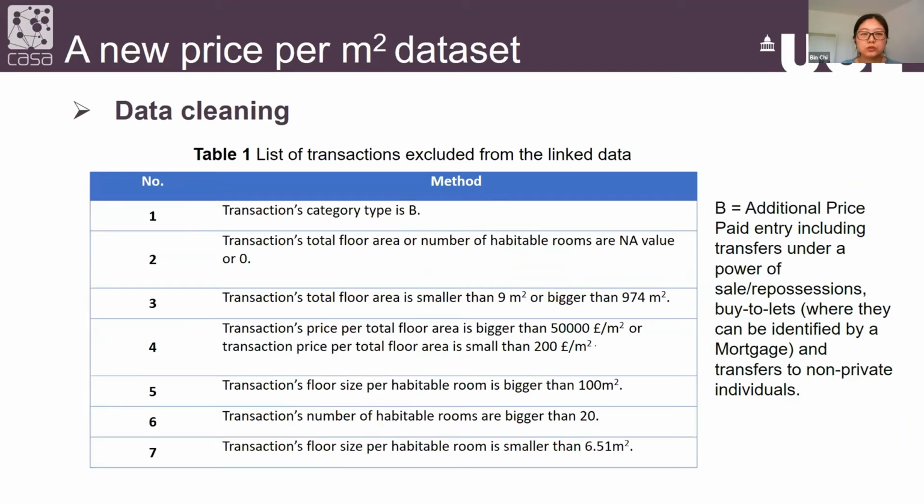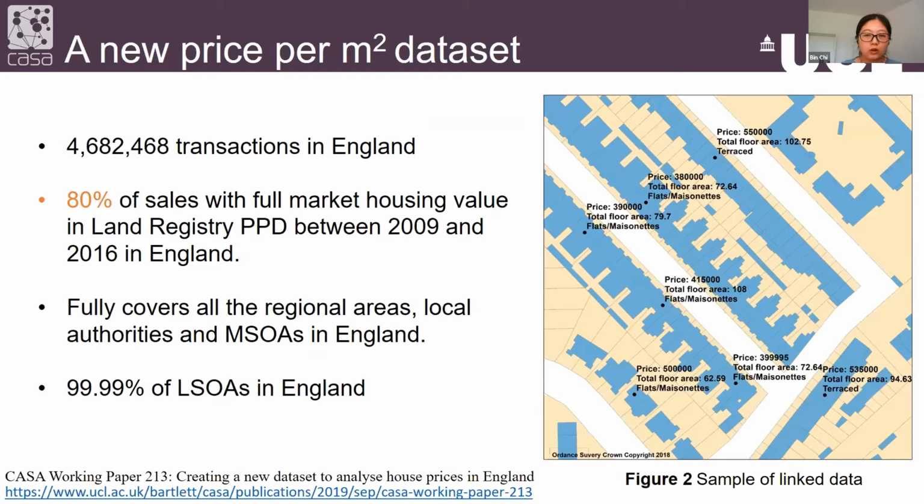Once we go through the data cleaning, we get over 4 million transactions in England, and the matching rate reduces to 80%. The main reason we drop 12% of the linked data is the unreliable values for total floor area and number of habitable rooms from the domestic EPC dataset.